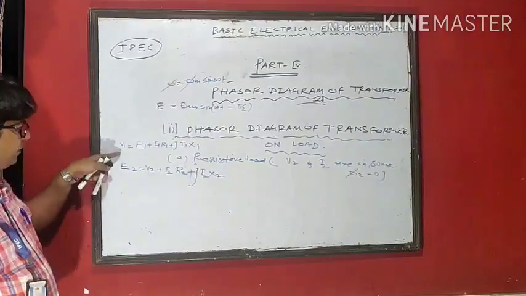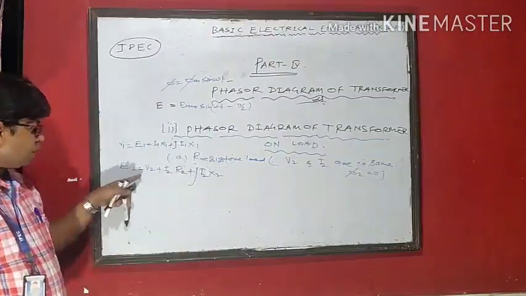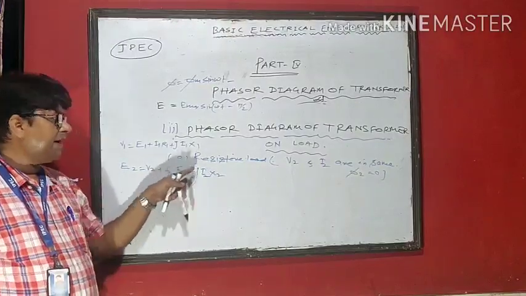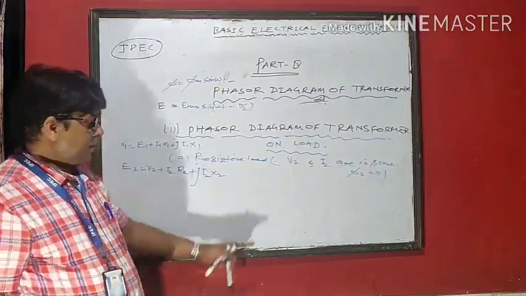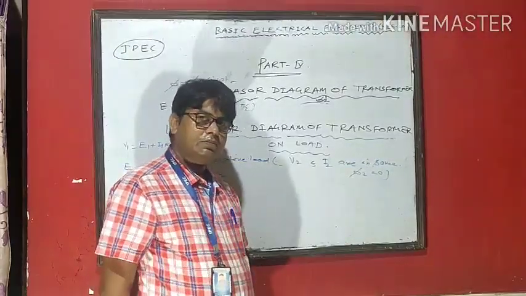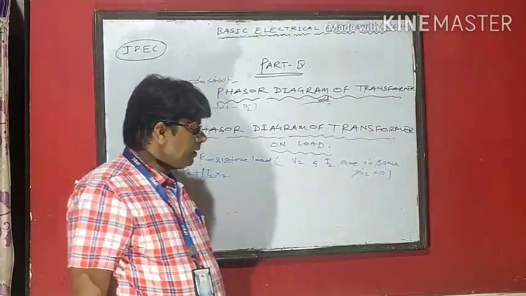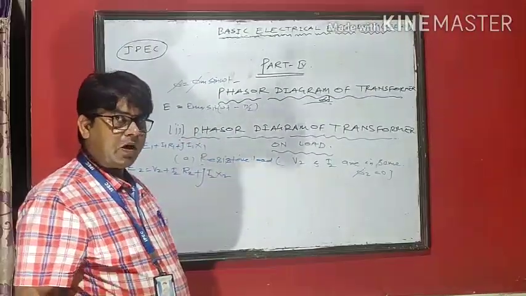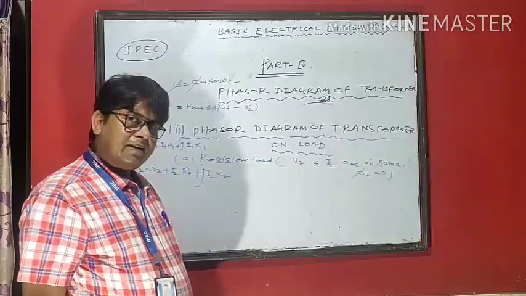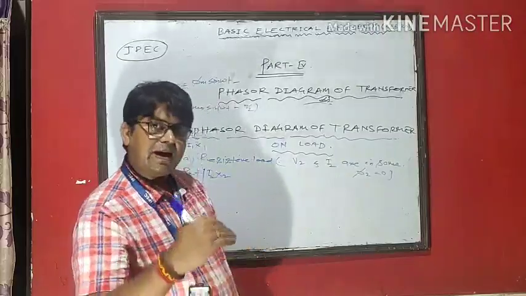These equations come from simply applying KVL: V1 equals E1 plus I1 R1 plus j I1 X1, and similarly E2 equals V2 plus I2 R2 plus j I2 X2. Here V2 and I2 are in the same phase, that is phi 2 value is 0. In the previous phasor, we have seen the maximum parameters of the primary above the reference line and the maximum parameters of the secondary below the reference line, that means below phi.